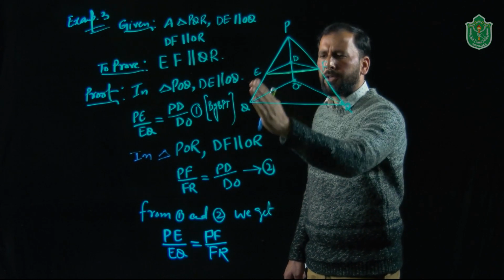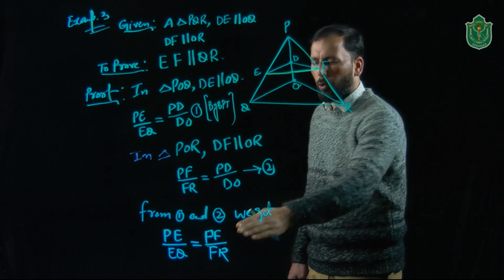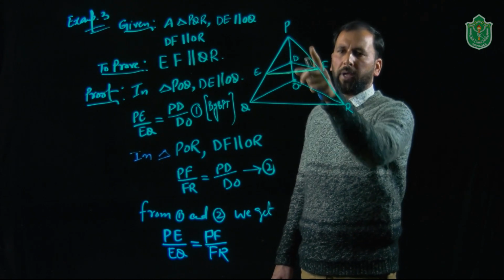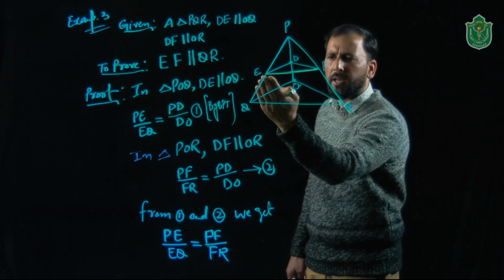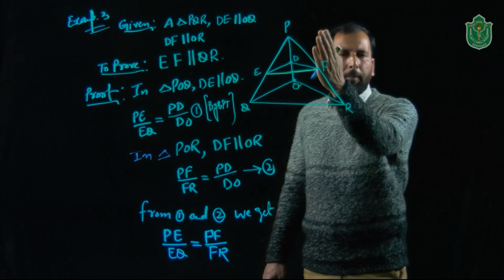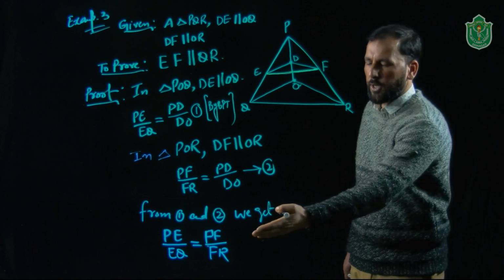So consider again triangle PQR. We have proved that PE by EQ is equal to PF by FR. Definitely this line EF divides the two sides PQ and PR of triangle PQR in the same ratio.